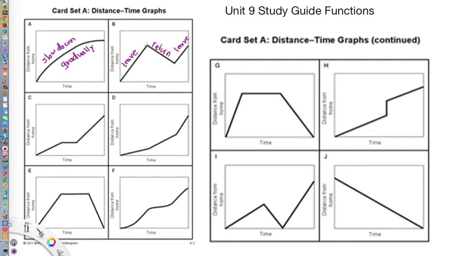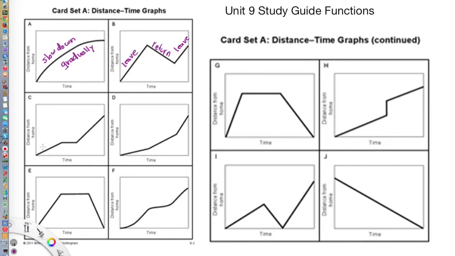But there's often confusion when you see a decline. You think that you're slowing down. That's not the case. Our distance is actually going down, and when distance is going down, that means you're getting closer to your starting point. So for a distance time graph, when you see a decline, that means you're returning to your starting point.